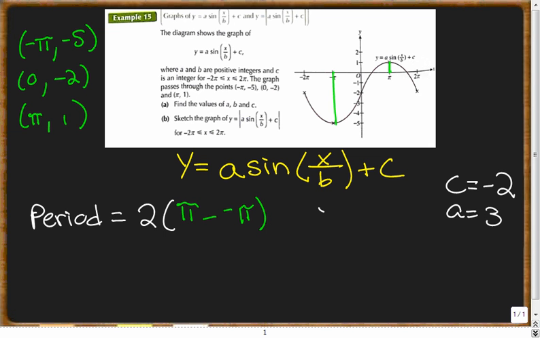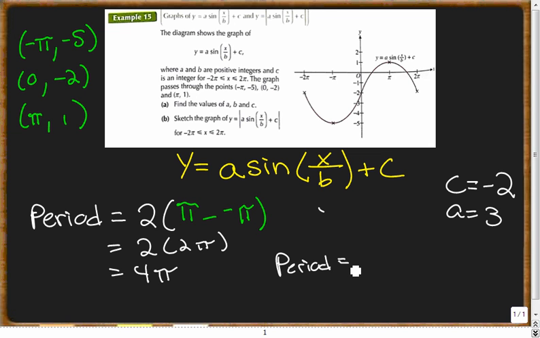So that distance right there makes 2 times 2 pi, or 4 pi altogether. Now, that's what my period equals. Normally, your period is going to be 2 pi divided by some value b, which is normally what's multiplying x, in terms of bx.